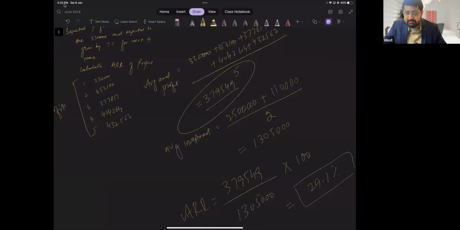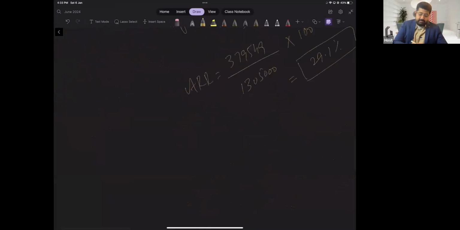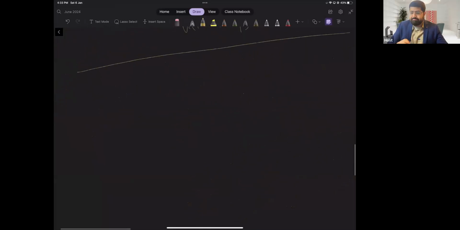Next. The next point is, students, we have learned the technique, the meaning, and now the decision rule. How to make a decision.